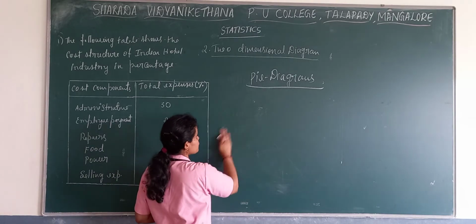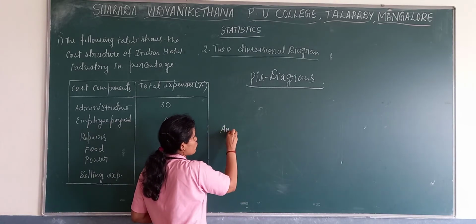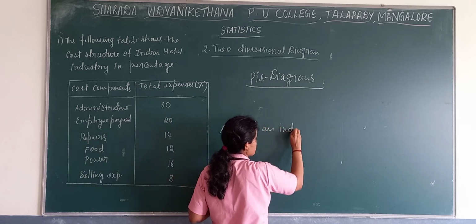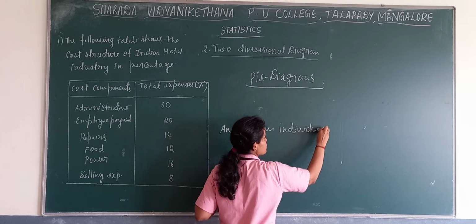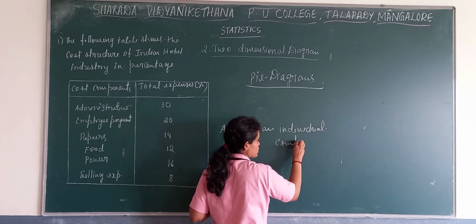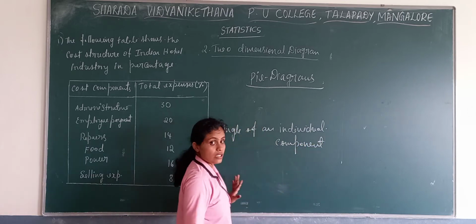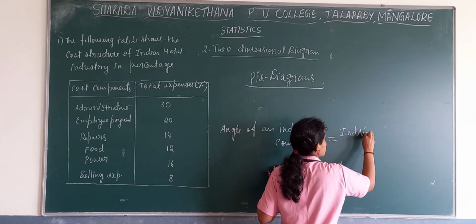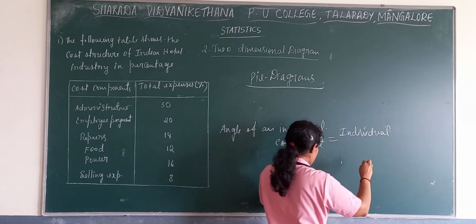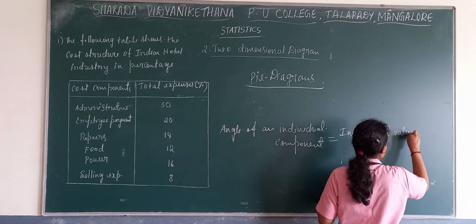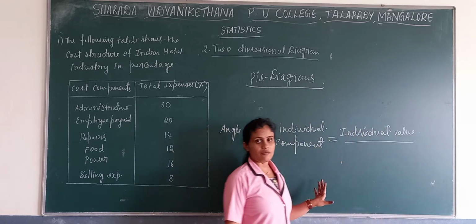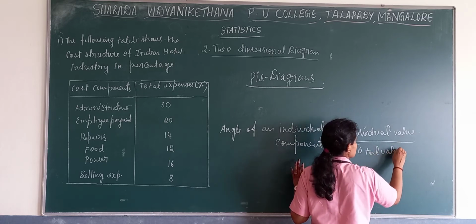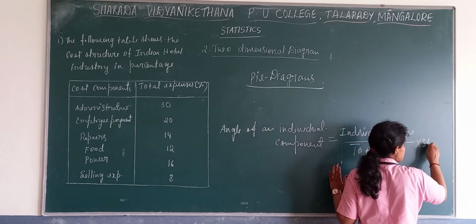The formula goes like this: angle of an individual component is equal to individual value divided by total value into 360.